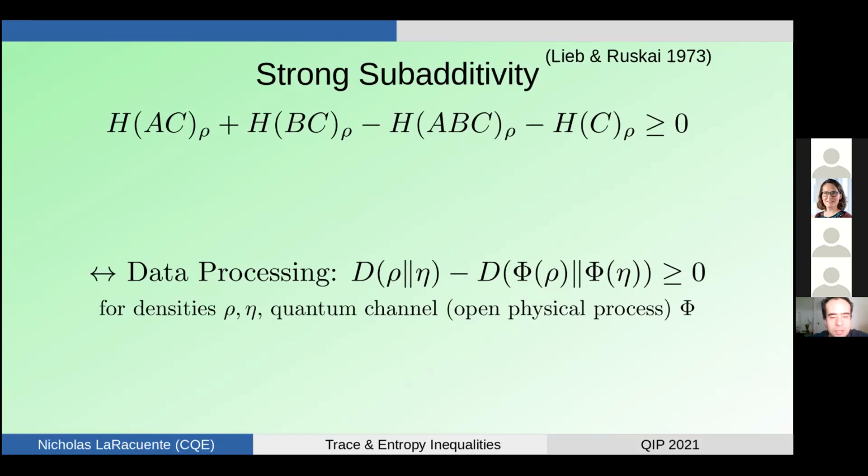And data processing is monotonicity of relative entropy under applying a quantum channel to both input states. And so this is fairly well known as well. A quantum channel represents an open physical process, one that might include noise, interactions with an environment, so generally a non-invertible map. And data processing says that this can only reduce the relative entropy between two states.